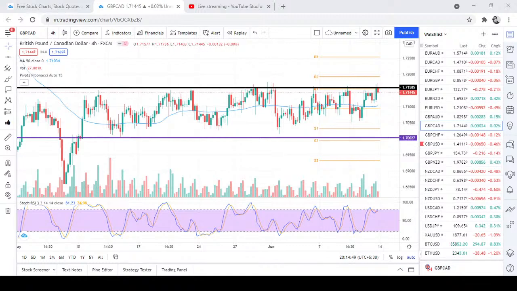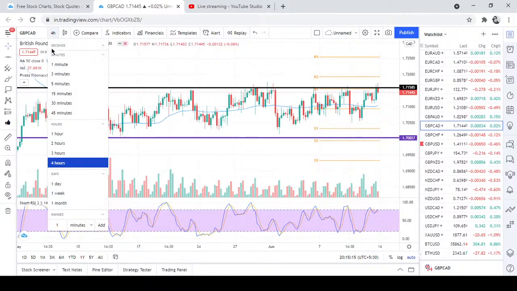Can you see, my dear friends, this resistance? The resistance level looks very promising. Right now the market is standing at the resistance level with price rejection from above, and the stochastic RSI is also giving us a green sign, which means it is in the overbought zone. So things are beautiful.